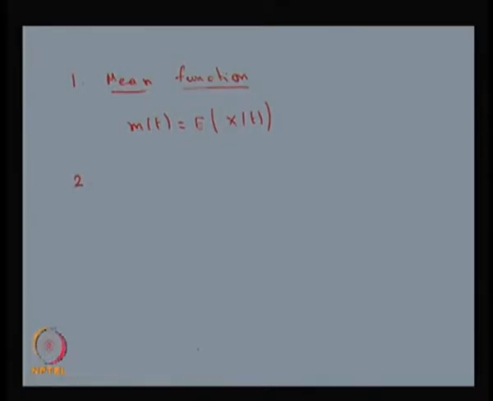The second one is a second order stochastic process. A stochastic process is said to be a second order stochastic process if it satisfies the condition that the second order moment is finite for all t.